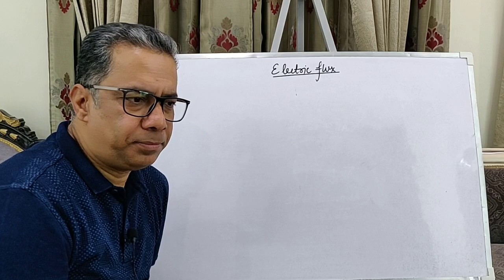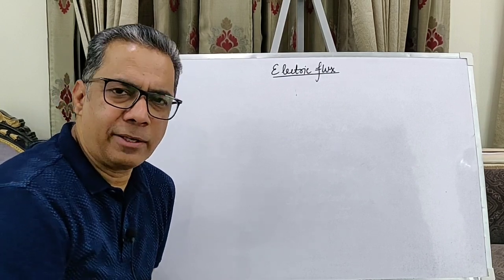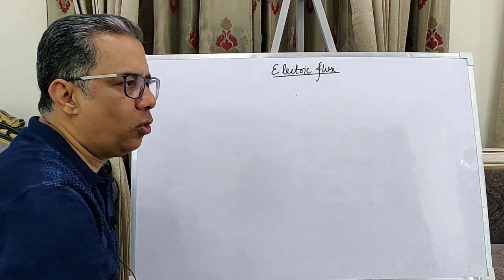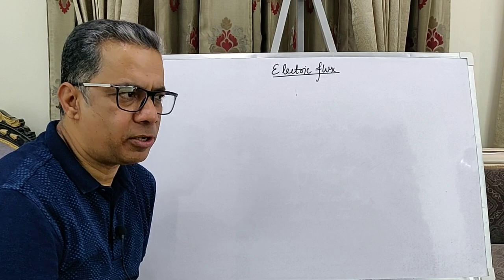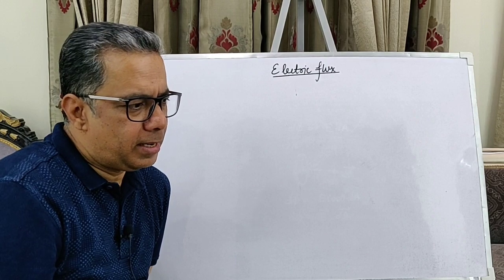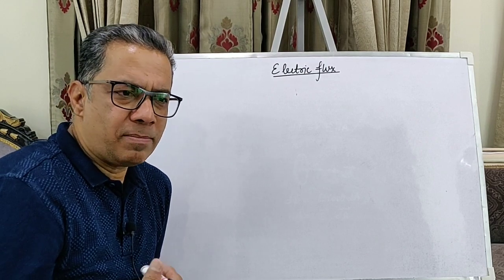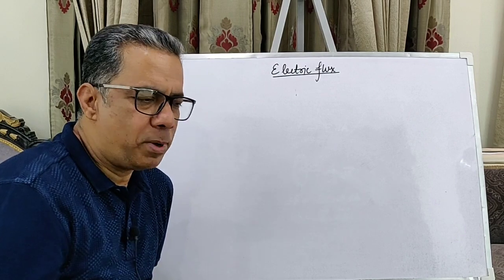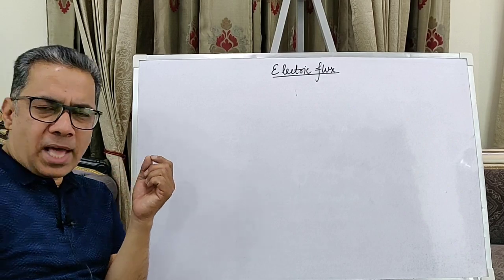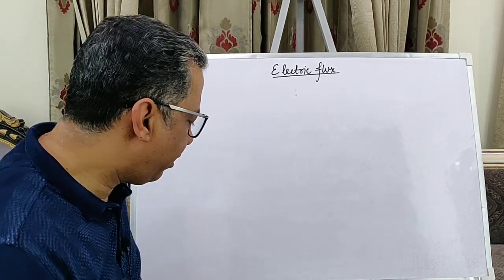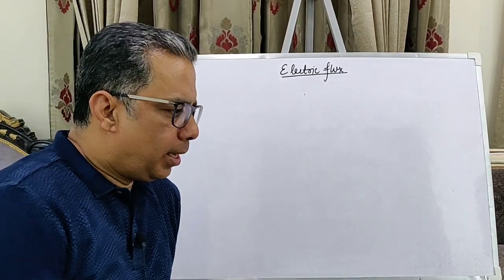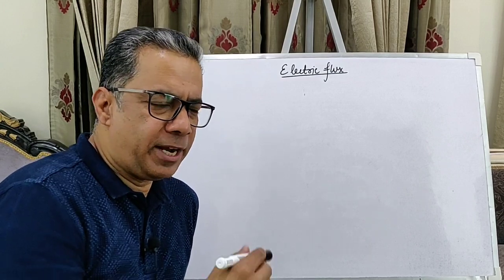Also, the other simplification in calculation of flux would be that if you have a surface over which electric field has a constant magnitude at all locations of that surface, and not only is it constant in magnitude but is also normal or perpendicular to the surface at all locations, then the electric flux calculation ends up being fairly simple.